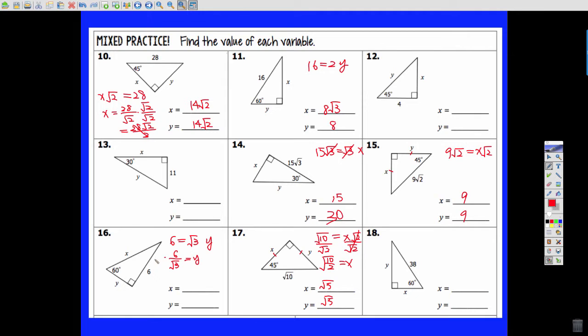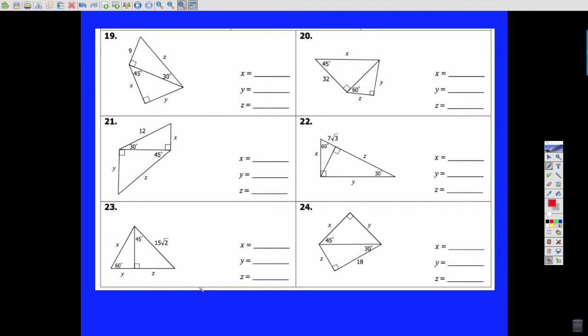If I simplify the radical, I would have 6 root 3 over 3, which equals y. If I simplify that, y is 2 root 3, canceling the 3 here. Now if y is 2 root 3, the hypotenuse is twice as long, so it's 2 times that. It's 4 root 3. Okay?